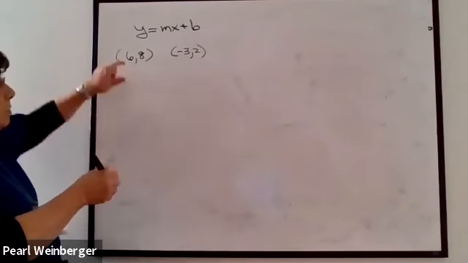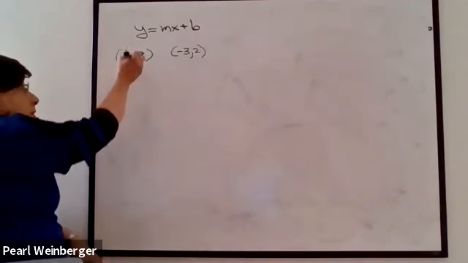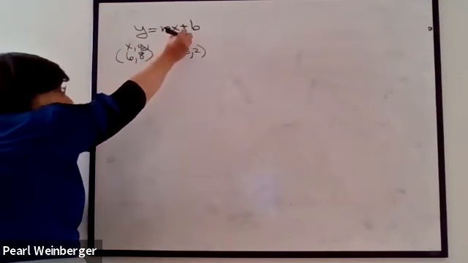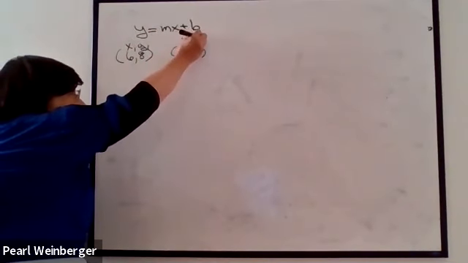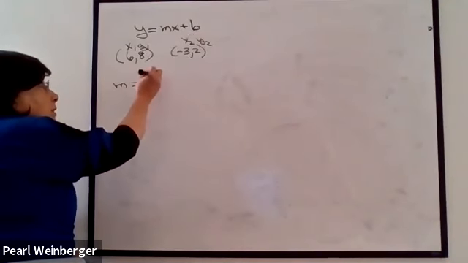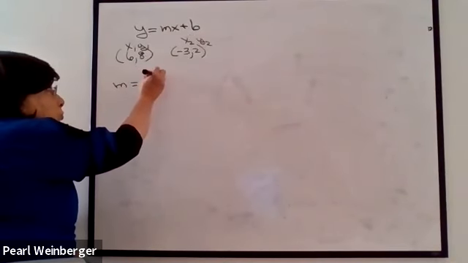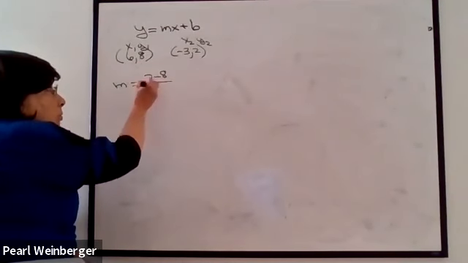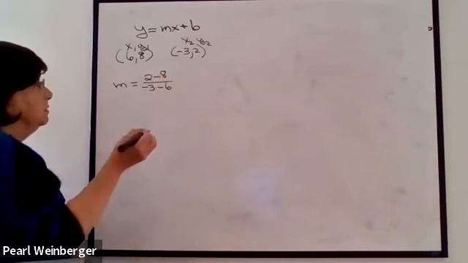And I can find the slope because I have the 2 points. I'll call this my x1, y1, and this my x2, y2. And then my slope will turn out to be y2, which is 2, minus 8, that's y1, over x2, which is negative 3, minus 6.